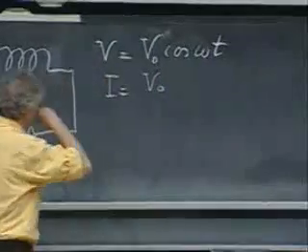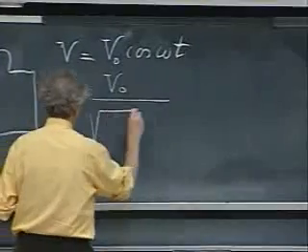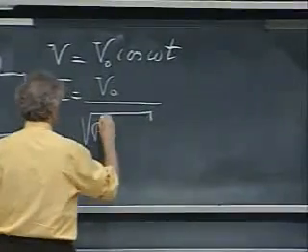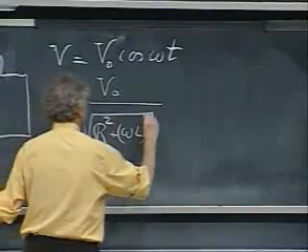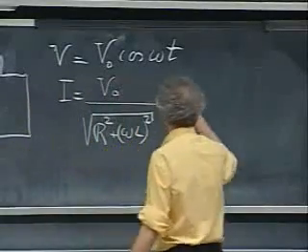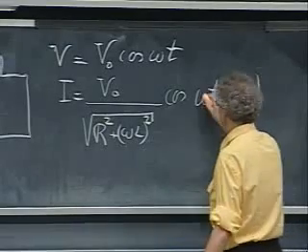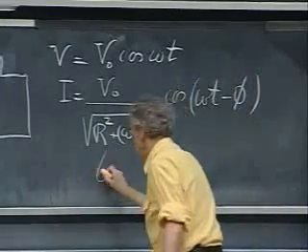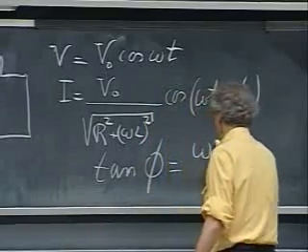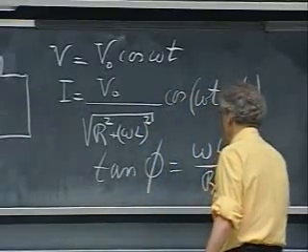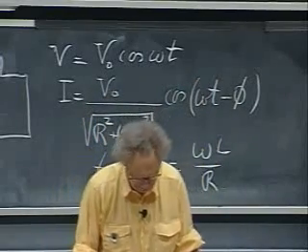The current as a function of time now is V0 divided by the square root of R squared plus omega L squared, times the cosine of omega t minus phi, and the tangent of that angle phi is omega L divided by R. Of course we need some time to digest this.